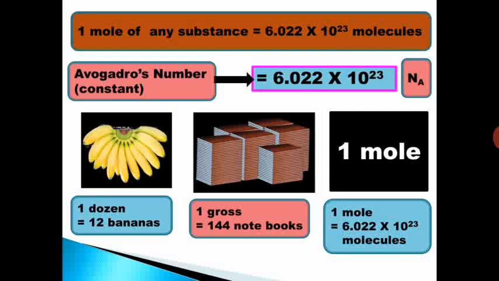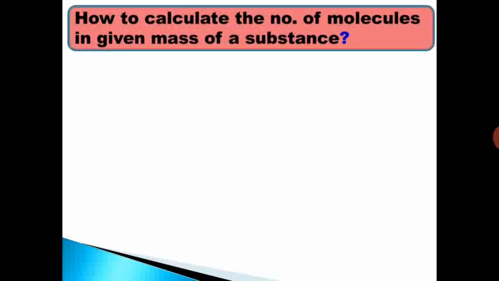We have learnt it, 6.022 into 10 raised to 23 molecules. Okay, so 1 mole is 6.022 into 10 raised to 23 molecules. Now friends, you have understood what is 1 mole, and you also know how many molecules of substance are there in 1 mole, and that is Avogadro's number. That also we have learned.